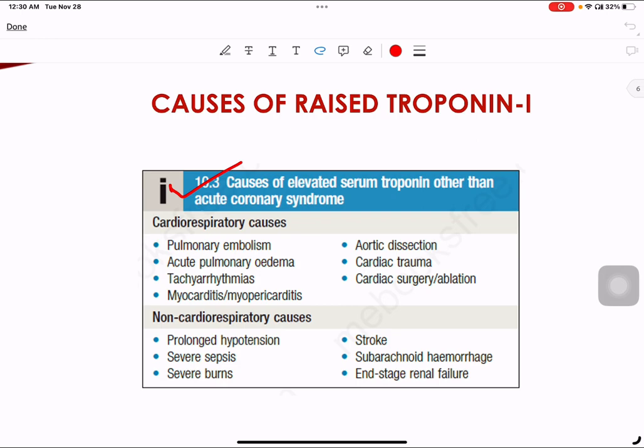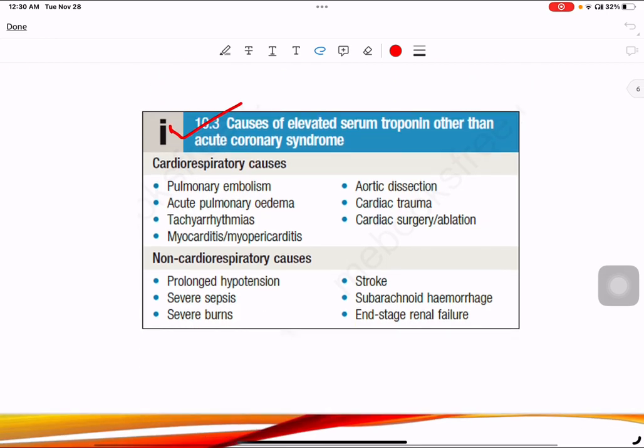Among the non-cardiorespiratory causes, prolonged hypotension, severe sepsis, severe burns, stroke, subarachnoid hemorrhage, and end-stage renal failure may lead to raised troponin other than acute coronary syndrome.